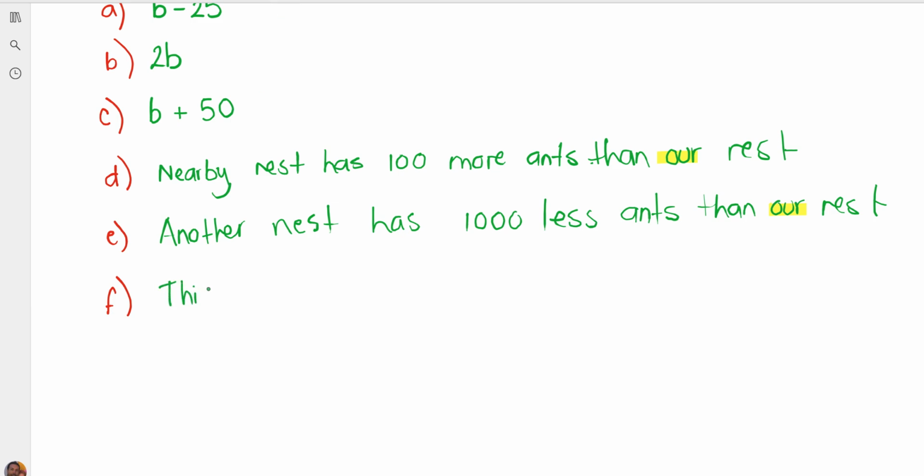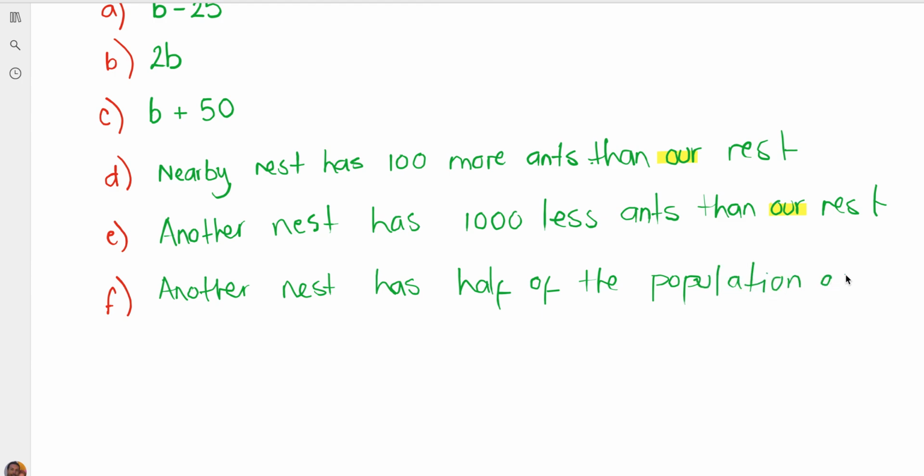This nest, or the other nest, has half of the population of ants that our nest has. Okay, wonderful, girls.